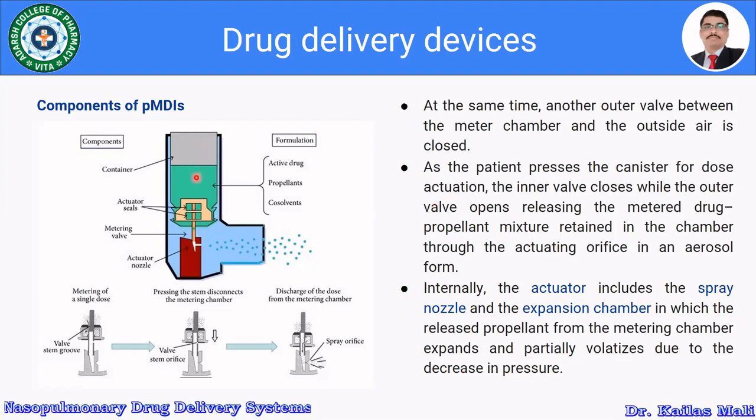The canister comprises the formulation, which includes the active drug, propellant and co-solvents. Then here is the container, these are the actuator seals, this is the metering valve, and this is the actuator nozzle. And this is the actual principle of how the pMDIs deliver the drug.